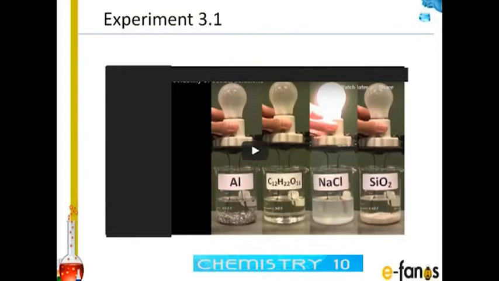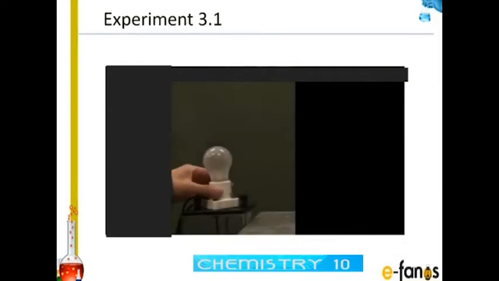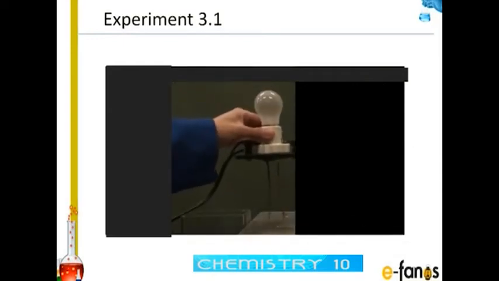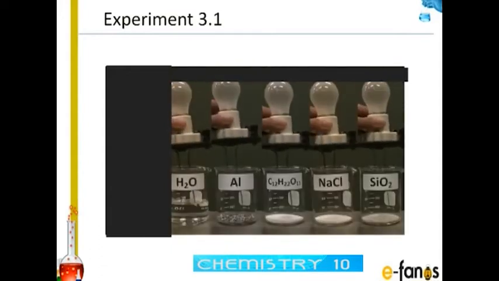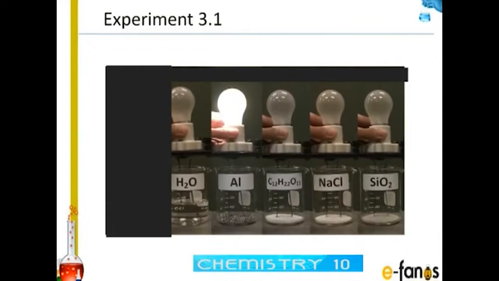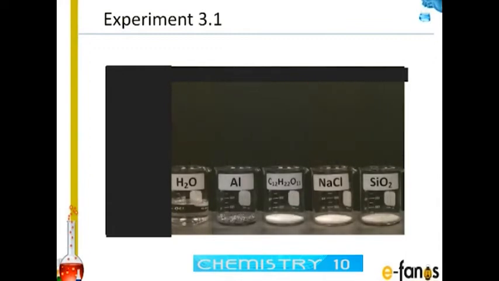So as a control, they take their conductivity apparatus and touch it on a metal table, and as expected, the light bulb turns on. Now we have distilled water, aluminum metal, sugar, salt, and also silicon dioxide, which is also known as sand. So only the aluminum was a conductor in that last trial.